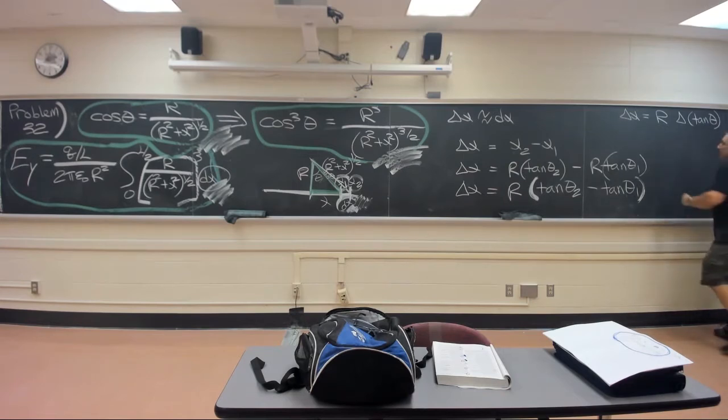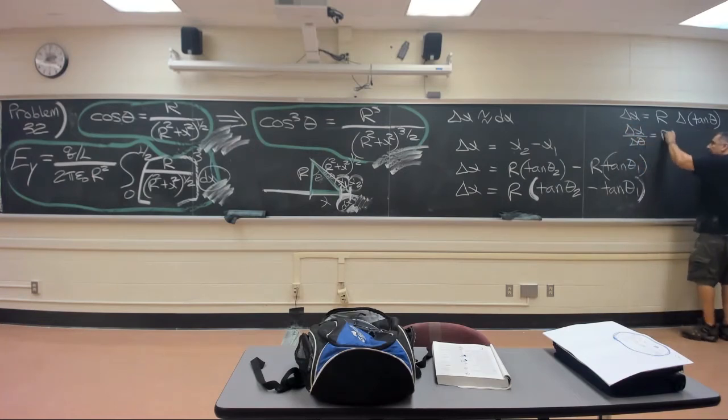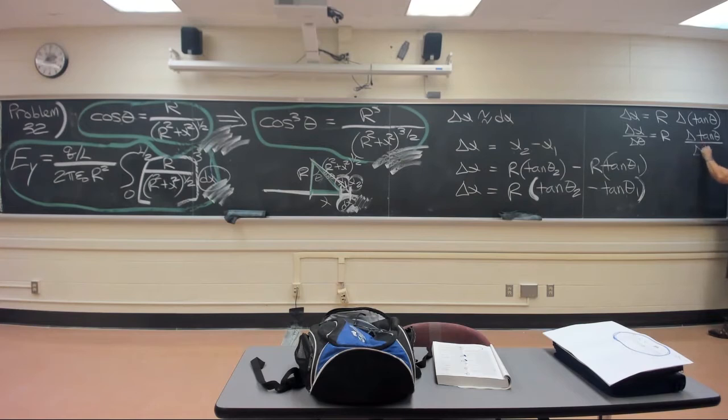Okay. Divide by delta theta on both sides. Delta tan theta divided by delta theta. Multiply by delta theta on each side. You're probably wondering, what is he doing? What's the big deal?